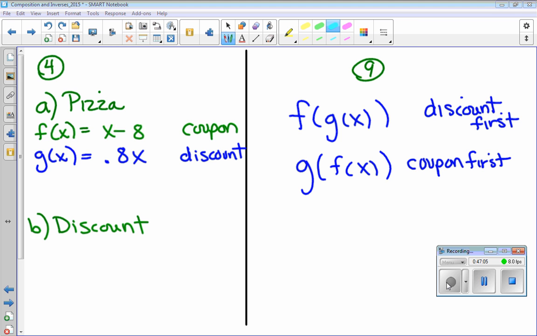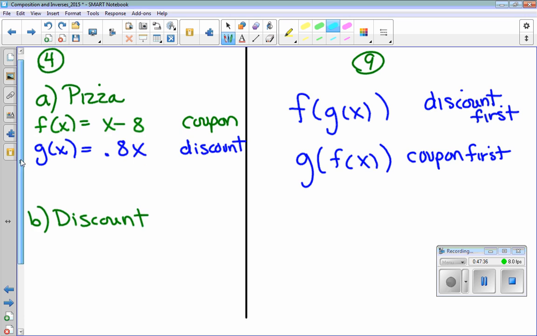If you have both a coupon and a percentage off, you want to be a good consumer and pay less, right? So you want to know which one they should apply first, if that's even possible. Yeah, this is something you do in finance. Math and finance all comes together. Okay? So that's going to help you with problem number 4, or A. So I'm kind of helping you set up that problem.